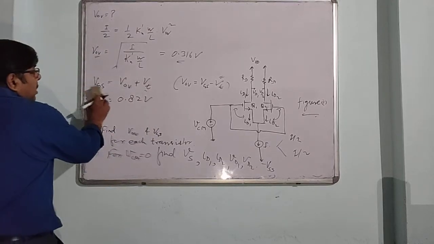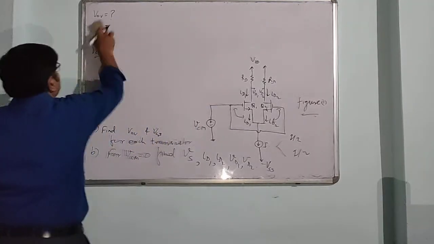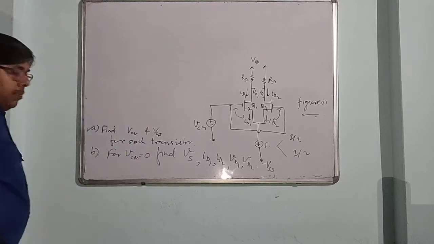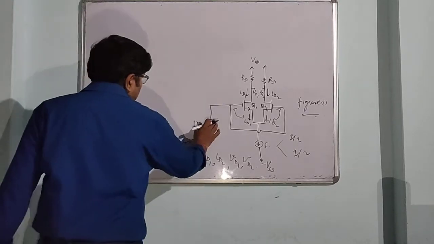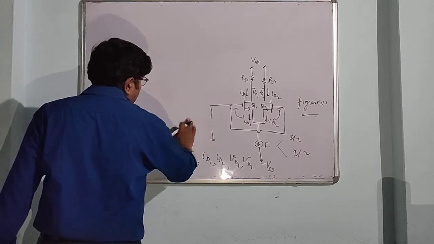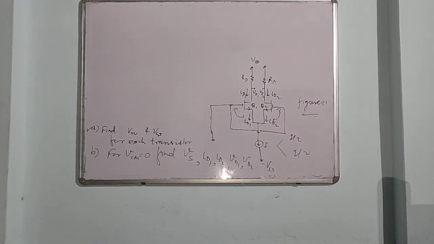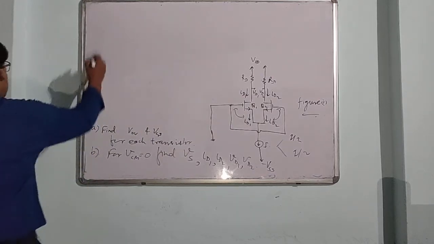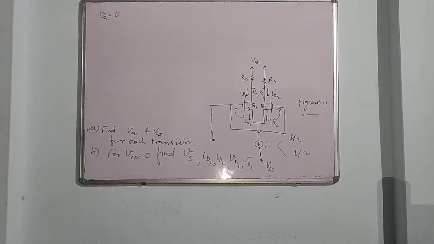You have to calculate all these things for VCM 0, which means no voltage is there, and the gate is grounded. So obviously the gate voltage VG is 0 for this case because this is grounded.